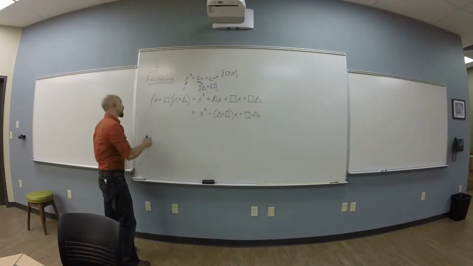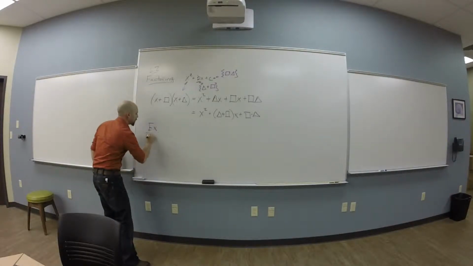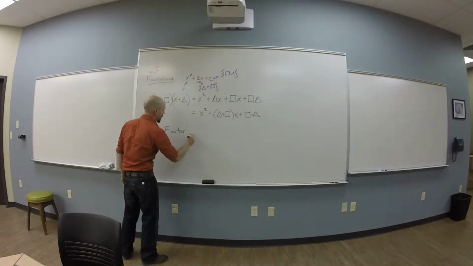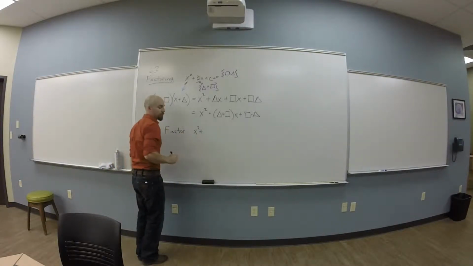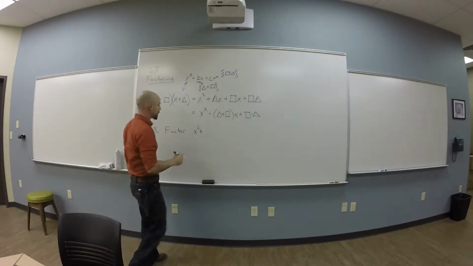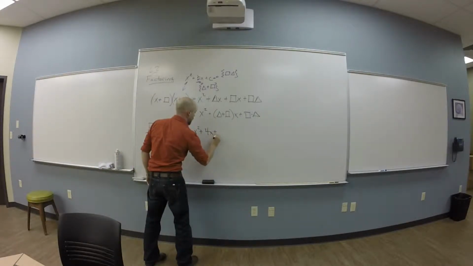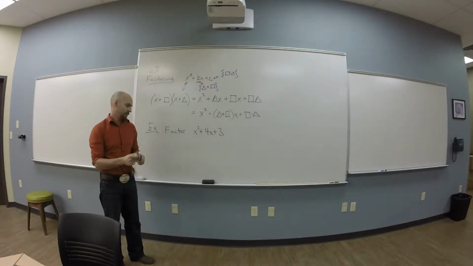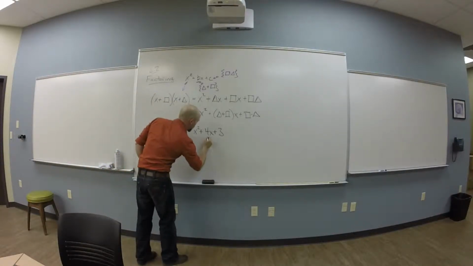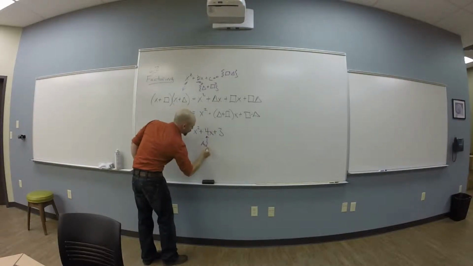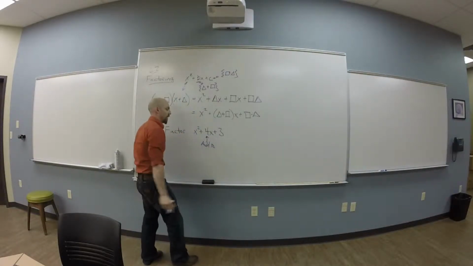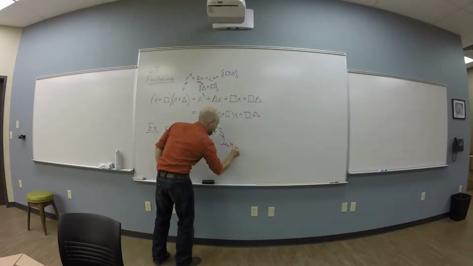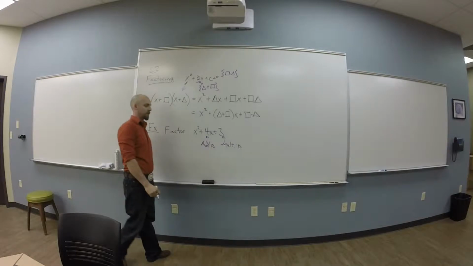So let's try it with an example. We want to factor x squared plus 4x plus 3. When I look at this, I think, all right, I need two numbers that add to 4 and multiply to 3.